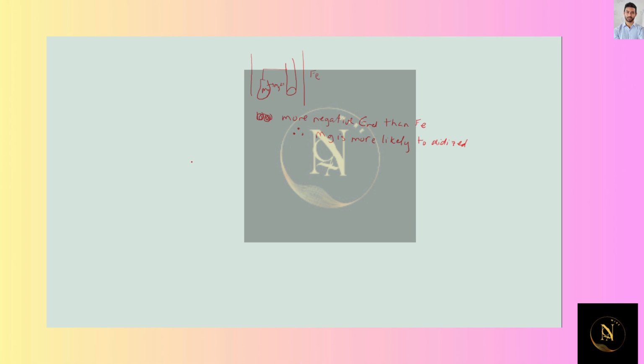So basically, we can look up E° for the reduction potential for magnesium, and that is -2.37 volts. So we need something that's less negative than that in order for this to still be what would be oxidized.